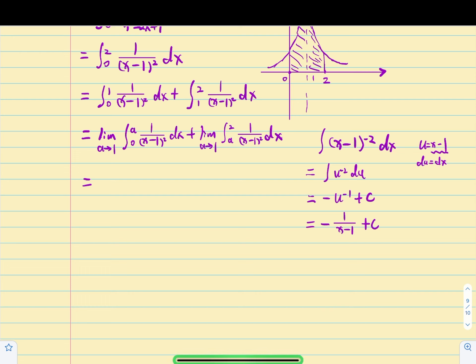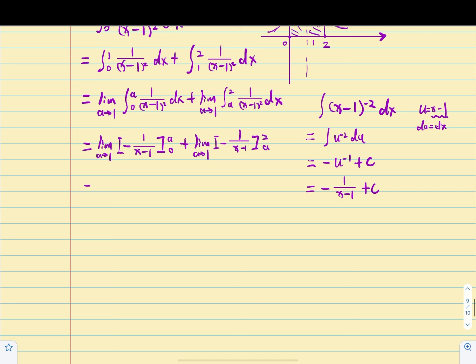So we will have the limit as a approaches 1 of negative 1 over x minus 1, evaluated from a to 0, plus the limit as a approaches 1 of negative 1 over x minus 1, evaluated from 2 to a. Then we just directly substitute in.